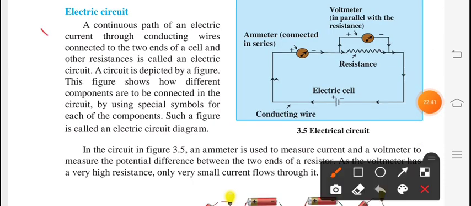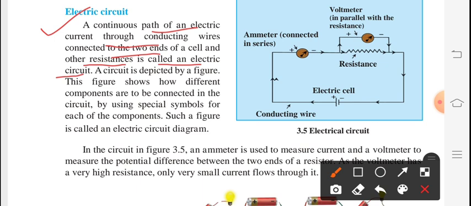Next topic is electric current. A continuous path of an electric current through conducting wires connected to the two ends of a cell and other resistances is called an electric circuit. In this circuit we have to connect a lot of things: wire, electric cell, another wire, resistance, ammeter, voltmeter.